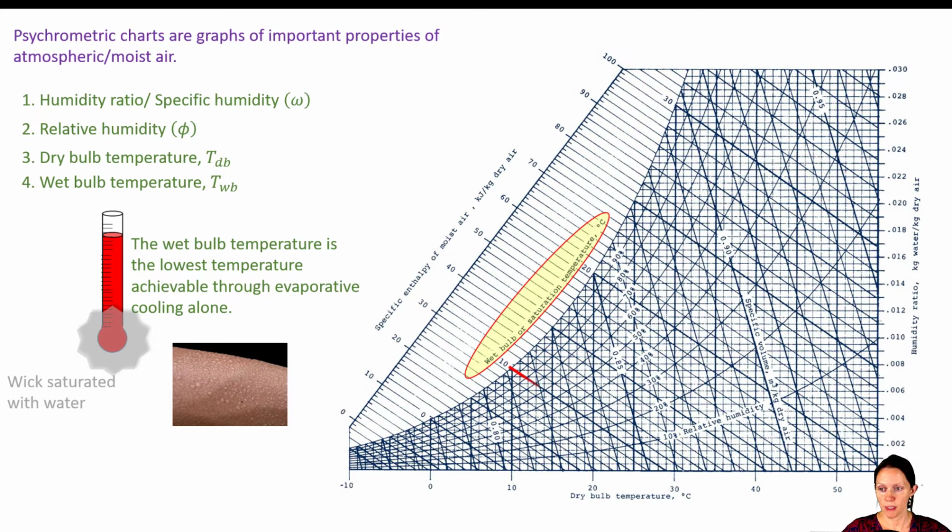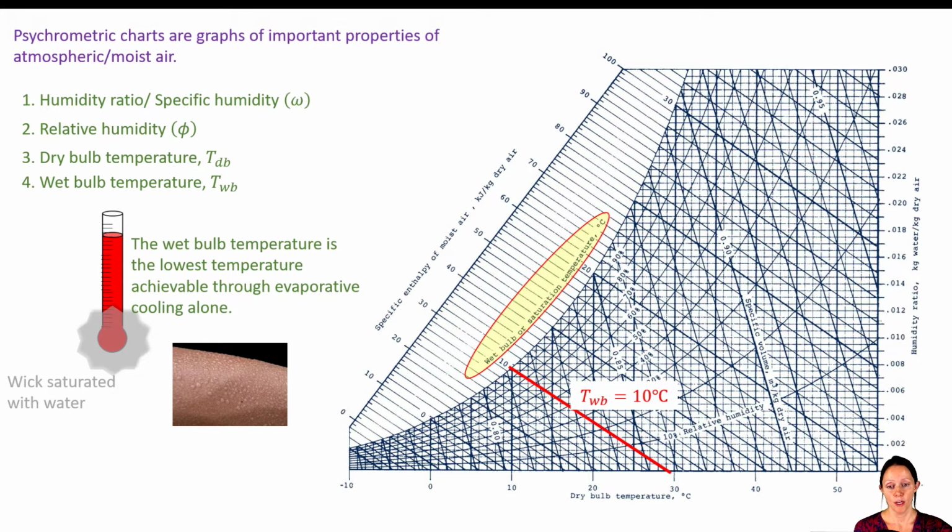Okay, so let's see on our chart here. Anywhere along that red line, your wet bulb temperature is 10 degrees Celsius. The numbers corresponding to the wet bulb temperature are the ones to the left of the line that corresponds to 100% relative humidity.